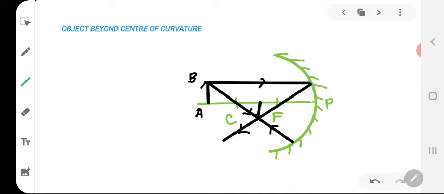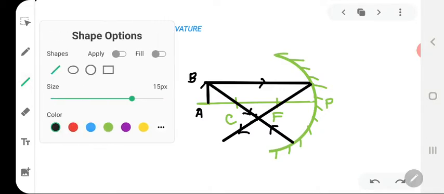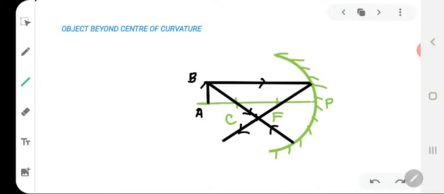Like this. Let me use a different color so that it becomes clear. So this is the image. Let us name it A dash, B dash.